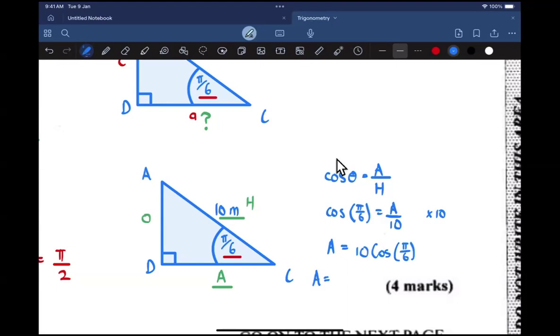Somebody tell me what is 10 cos pi over 6? I want Kiara to tell me.